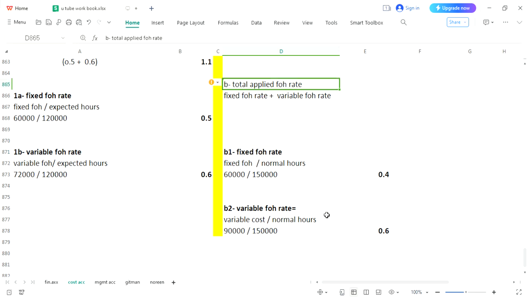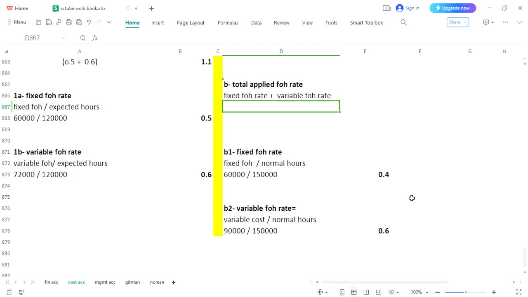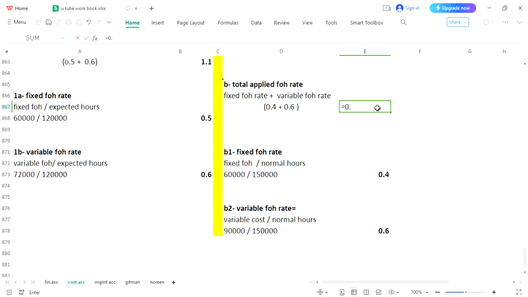Now we are ready to calculate the total applied FOH rate, which is the sum of both fixed and variable FOH rate. The fixed rate is 0.4, that would be put over here, and you need to add the variable FOH rate, which is 0.6, put over here. Statement has been completed. It's time to calculate the sum of these amounts, 0.4 plus 0.6.